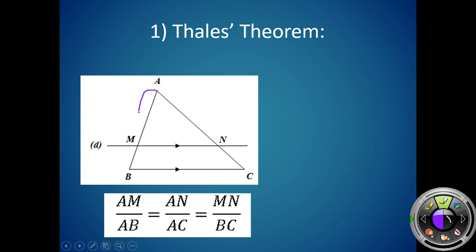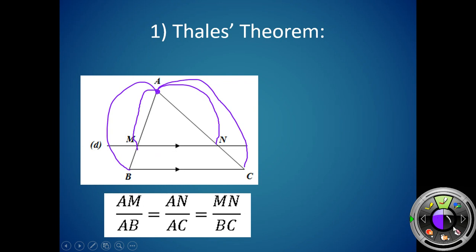So أنا عم بعمل AM يعني over AB, over the biggest side. I go to the other side, I do the same. AN over AC is equal to the parallel MN over BC. So when I start from the vertex, I have three equal fractions or three proportional expressions. So I have AM over AB is equal to AN over AC is equal to MN over BC.